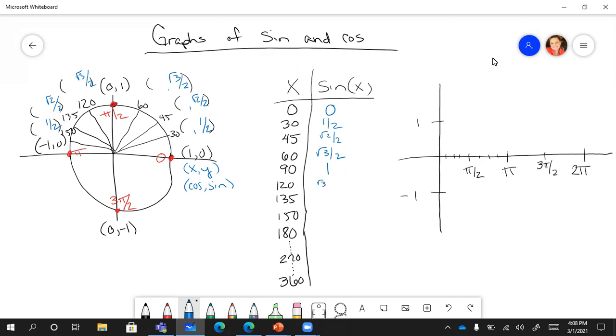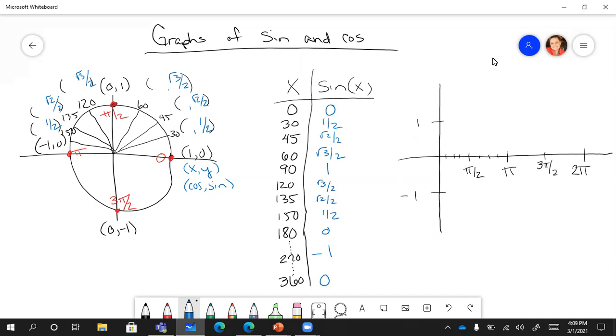So this is √3/2, √2/2, 1/2, and at 180 degrees or pi, sine is 0. And that's just going to continue on around the circle, except now my sine values are negative. I'm going to skip down to 270 degrees, 3 pi/2. My sine value is -1. And when I finish out my circle at 360 degrees, my sine value is back to 0.